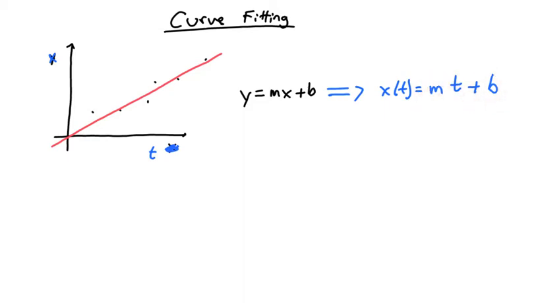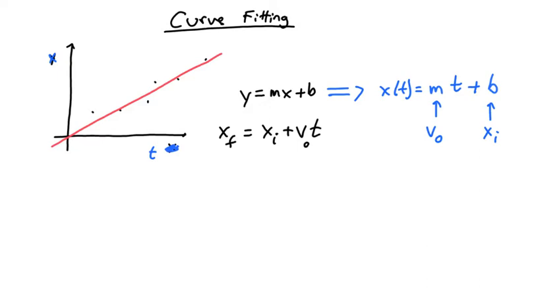If you look into your textbook, there is an equation in chapter 2 which looks like this: x final equals x initial plus v times t. This is in the textbook's notation. And this is the same thing as this, with the following identifications: the slope is identified with the velocity, and the intercept is identified with the initial x position.